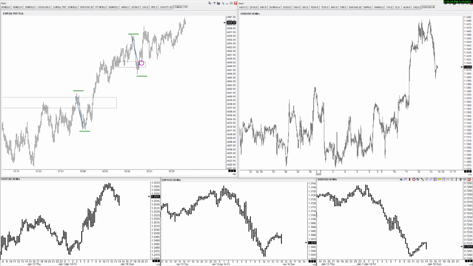Okay, welcome back. This is part 3 of Design Your Own Trading Methods. In part 1, we learned how to map swings, and the process that a swing goes through.